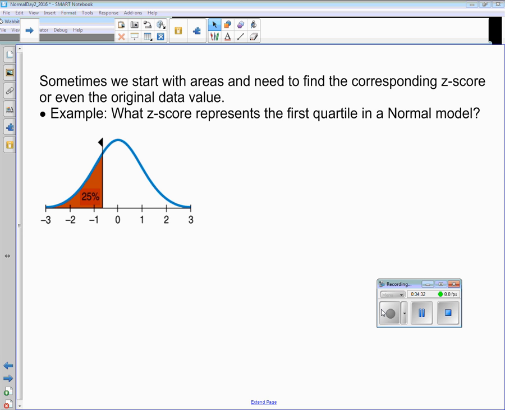It gives you the percent. Up to this point we've been trying to find the percent, and when you're finding the percent, you use the normal CDF function of the calculator. This time, we're given it.